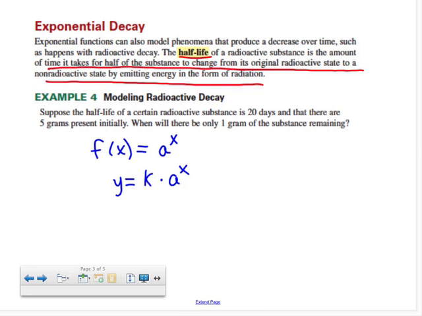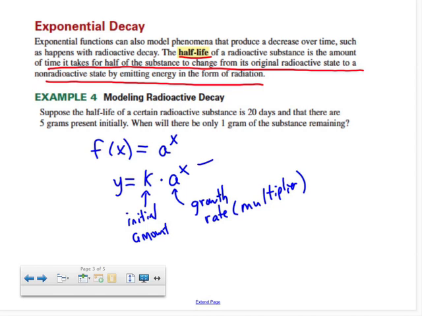It doesn't really matter what choice of letter we use, but the important part to know is that this value here is your initial amount, and a, or whatever letter you choose, I think in Algebra 2 we would use b, but it doesn't really matter, a is your growth rate, your multiplier. And x is your number of time periods that have gone by.